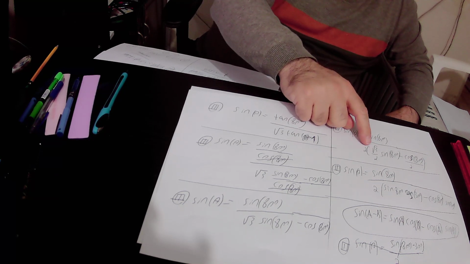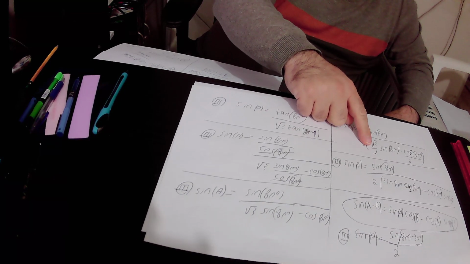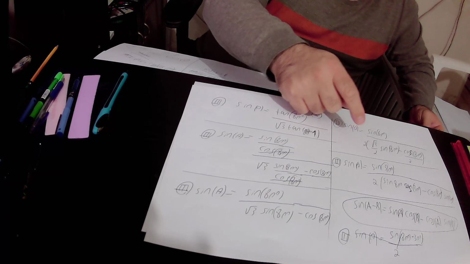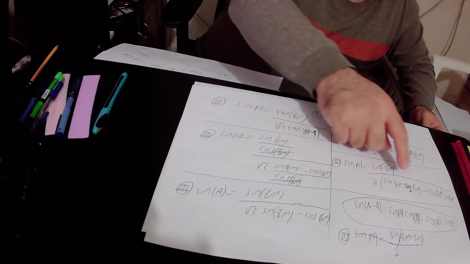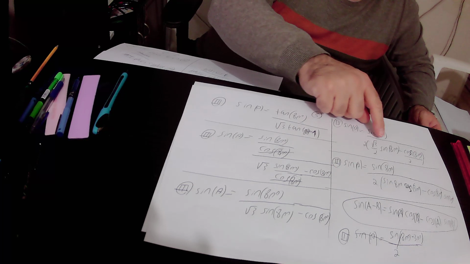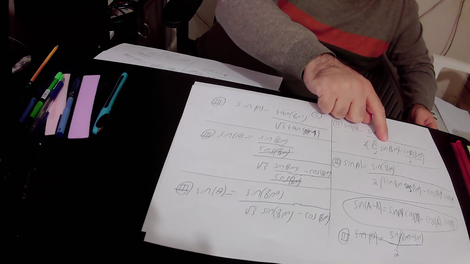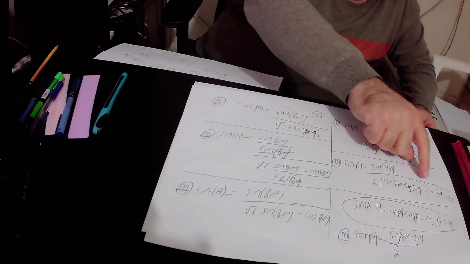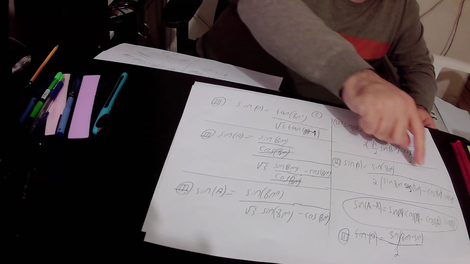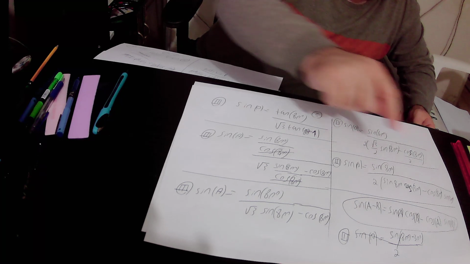And here square root of 3 over 2 is actually cosine 30 degrees. We have also times sine 30 degrees. And 1 over 2 is sine 30 degrees. So here we have cosine 30 degrees times sine 30 degrees.